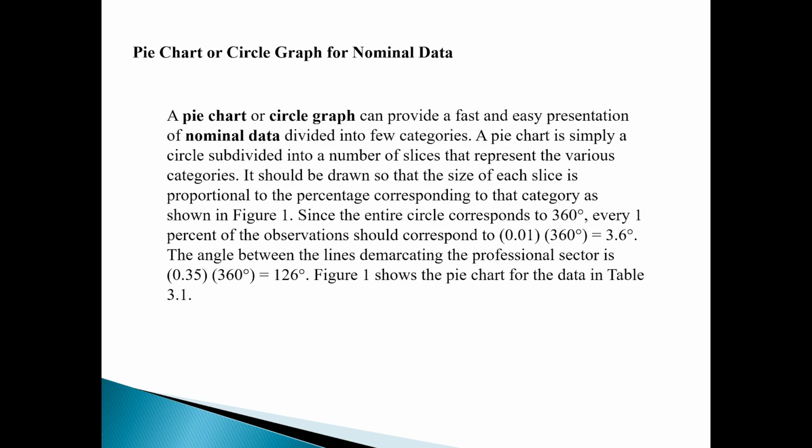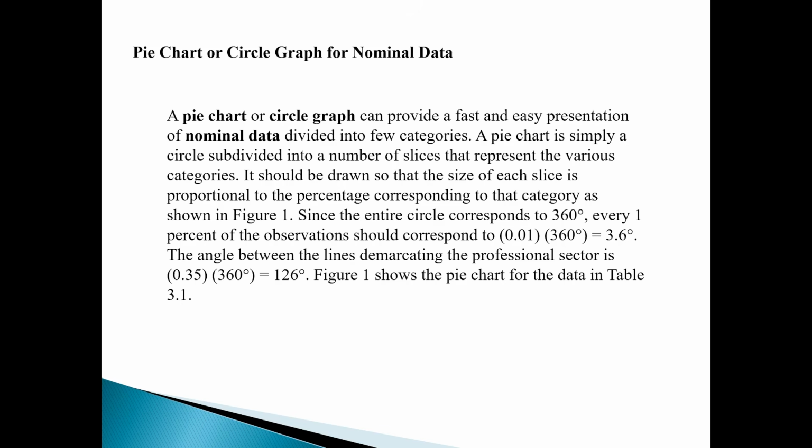I'm sure you're very familiar with what a pie chart looks like. Your pie chart is essentially a circle. So it is composed of how many degrees? It is composed of 360 degrees. Each category in your nominal data represents a share or a slice of that pie.